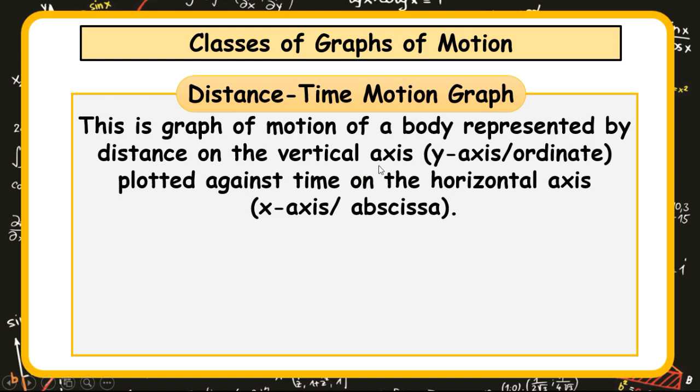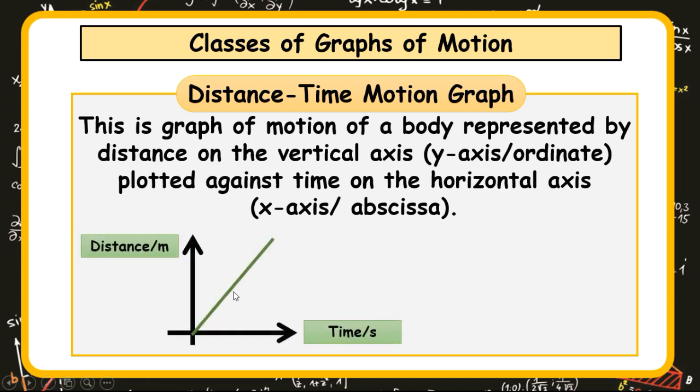This vertical axis means y-axis, or in physics you could say ordinate, whereas the horizontal axis means x-axis or abscissa. So that is the distance time graph.